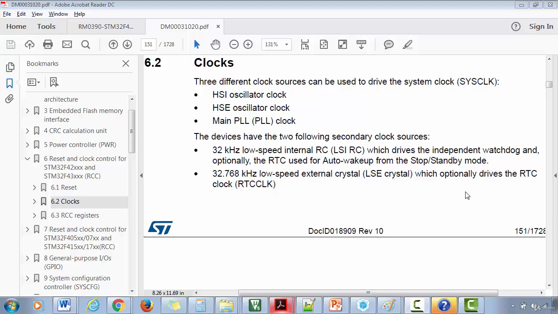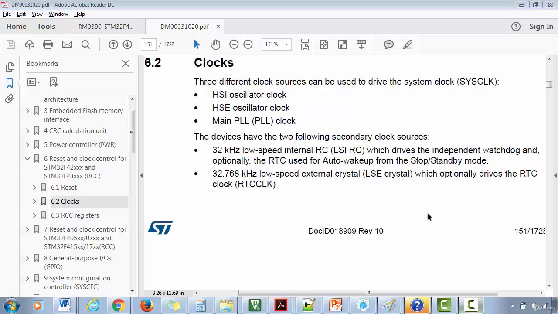There is one formula which talks about these relationships, so you can explore the relation. But in this section, what I want you to know is the clocking system of the whole microcontroller.